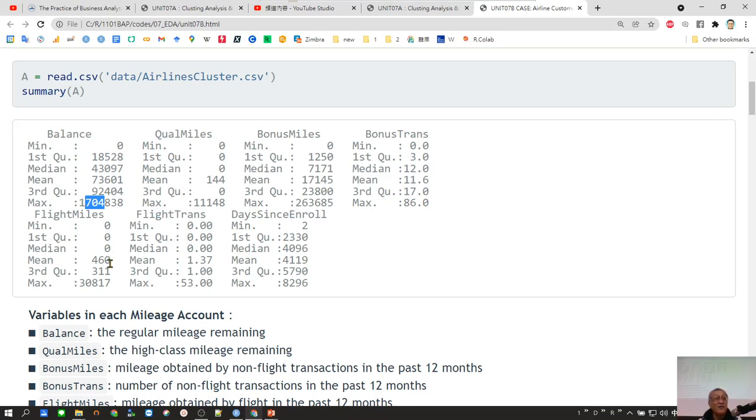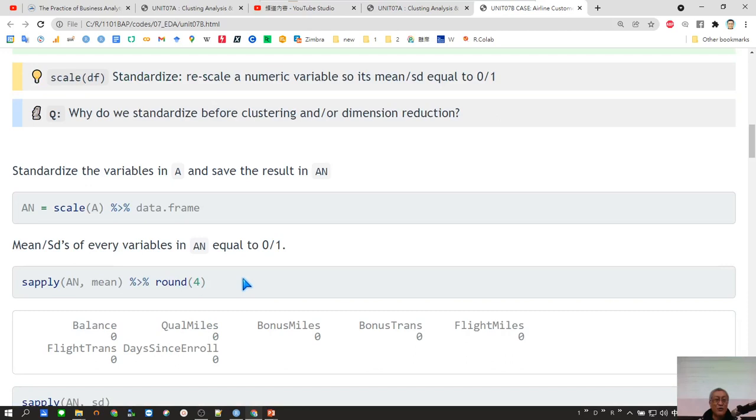So if we use this original scale and I do the distance matrix, all of the distance is dominated by this variable. The other variables will disappear, isn't it? So that's why we want to standardize.